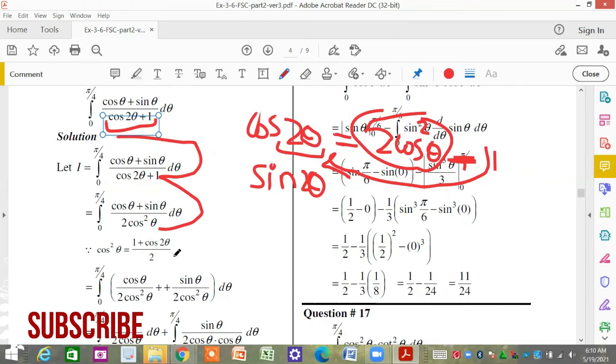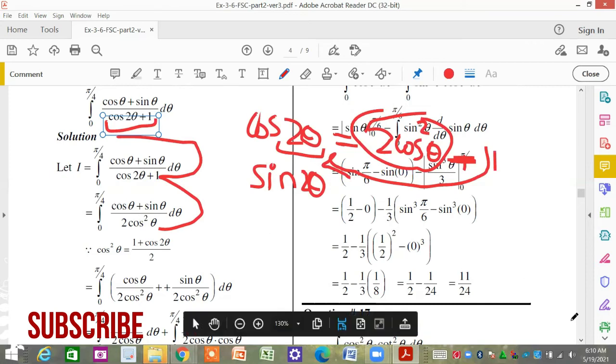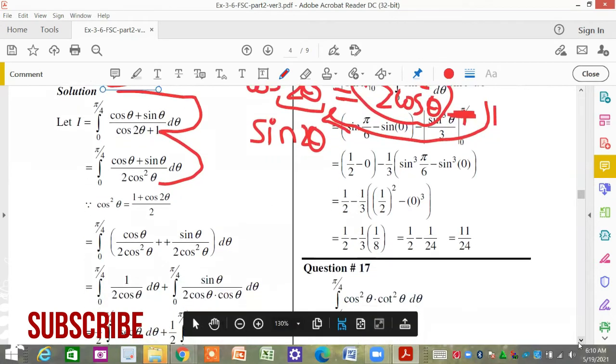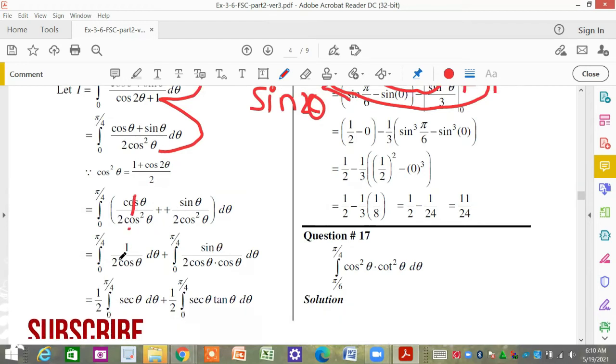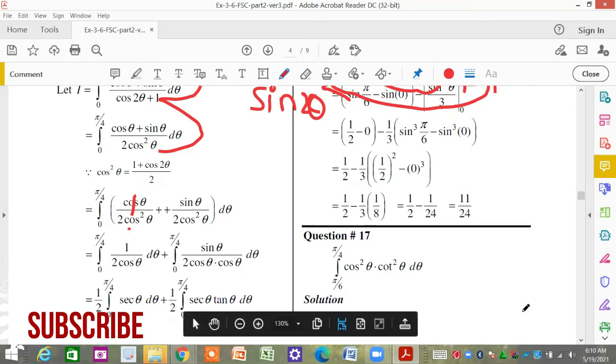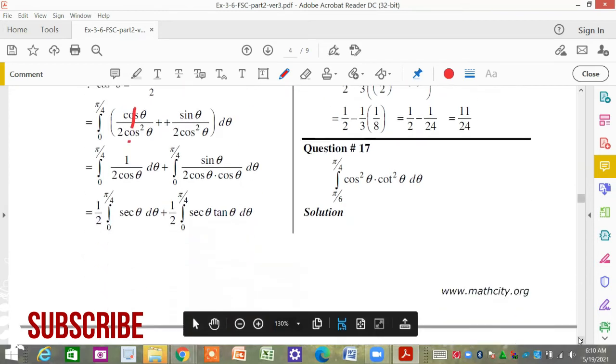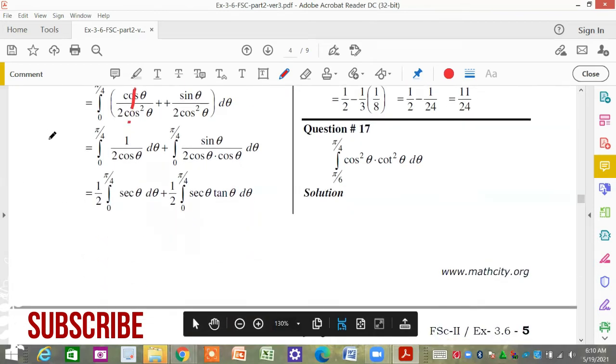Similarly, we separate this expression as we are taking LCM: cos theta over 2 cos square theta plus sine theta over 2 cos square theta, this will be equal to 1 over 2 cos theta, similarly sine theta over 2 sine theta cos theta, then cos theta. So simply, this is the solution of the question.